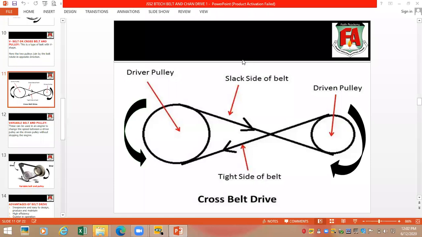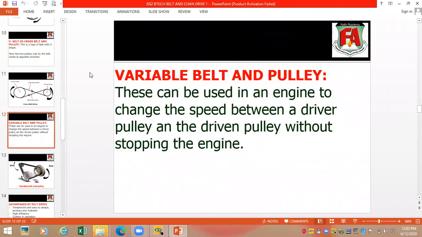Let's continue. The next is variable belts.